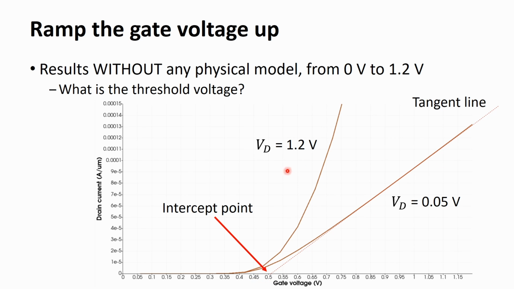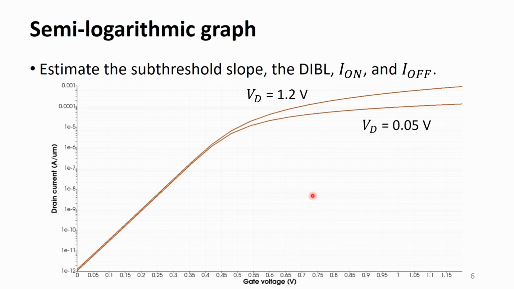When the drain voltage is 1.2 volt, beyond the threshold voltage, the MOSFET is operated in the saturation mode. You can easily find a parabolic behavior of the drain current. This figure shows the same data in the semi-logarithmic scale.